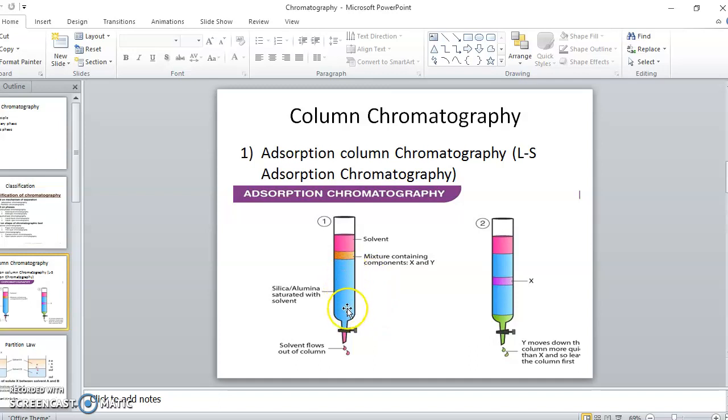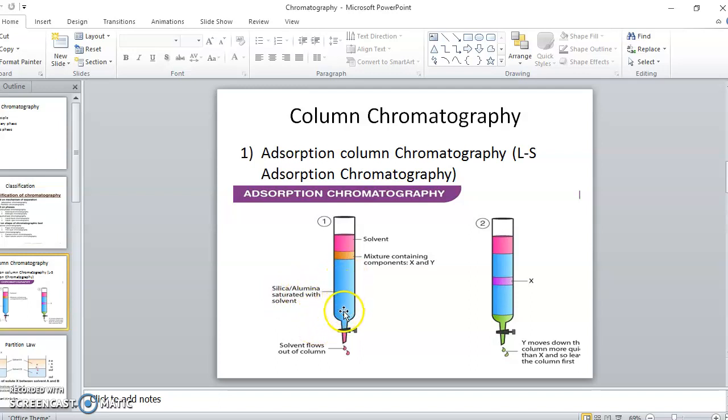The stationary phase is prepared in a long column manner in a glass tube, or you are familiar with the burette like that. Usually the stationary phase is either silica or alumina. Silica gel or alumina is taken as the stationary phase.